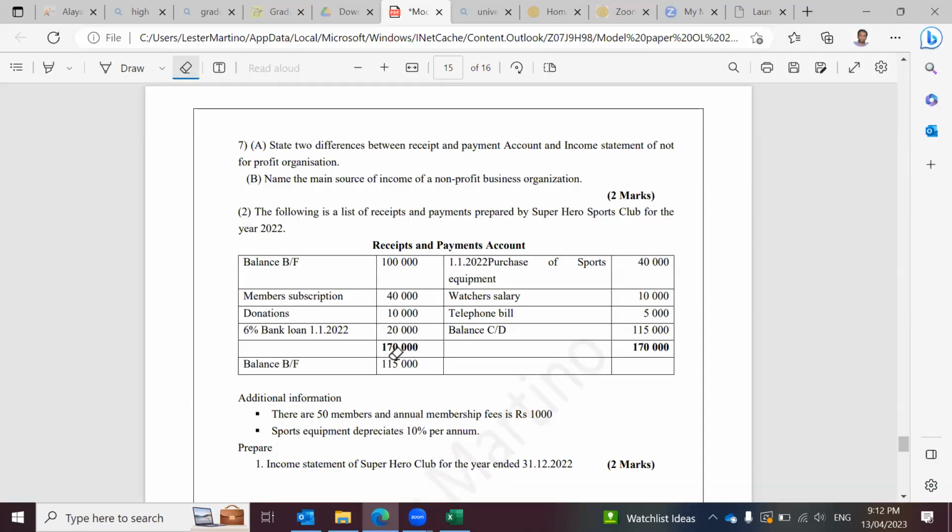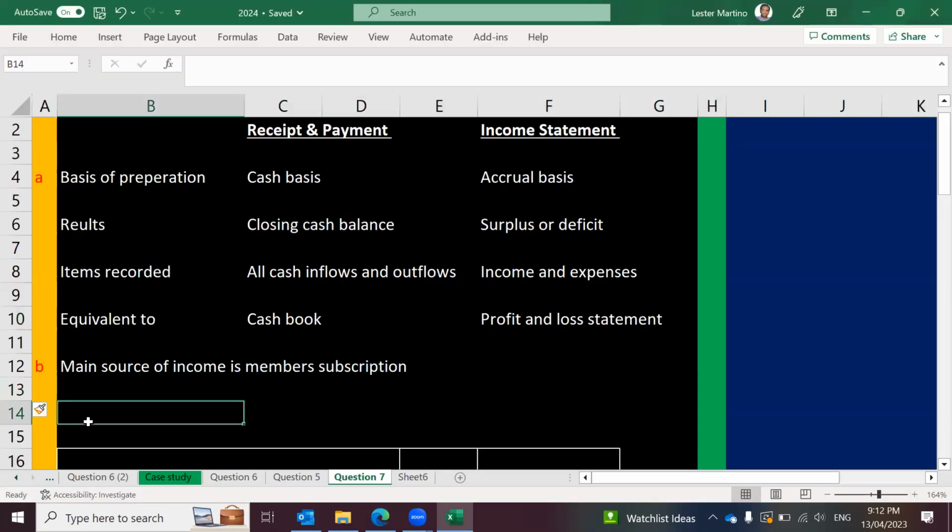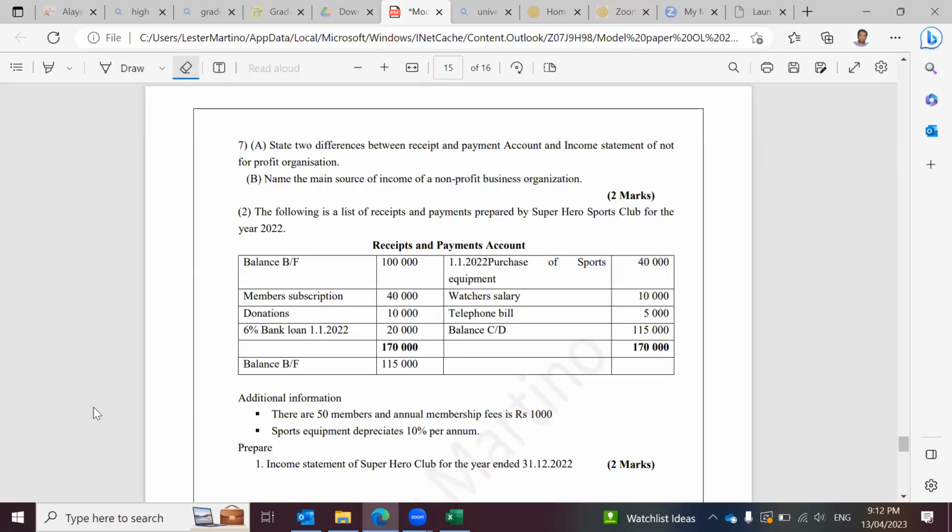Right. Next one. So write it down. Income statement of Superhero Club for the year ended 31st December 2022.